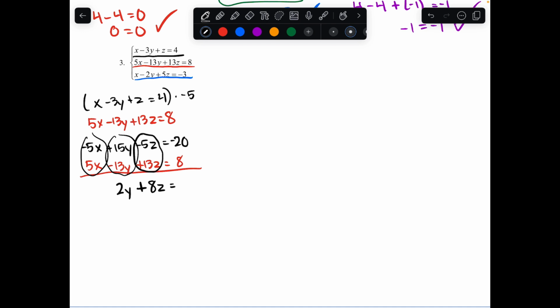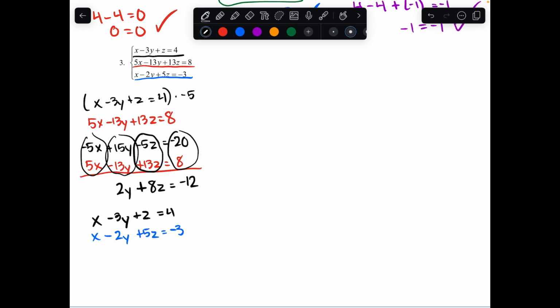And then negative 20 plus 8 is going to leave us with negative 12. Now we can move on to eliminate the x in our third equation. So we have x minus 3y plus z is equal to 4. And then in blue we have x minus 2y plus 5z is equal to negative 3.